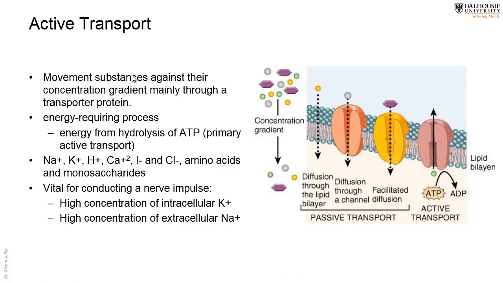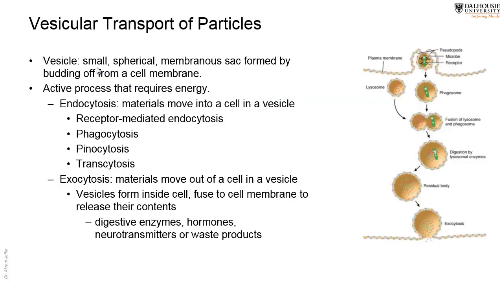So there will be influx of potassium and outflux of sodium. This requires energy. It is against the concentration gradient, so it is active transport, and at that moment the nerve will conduct what we call an action potential. We're going to talk about this when we deal with the nervous tissue and the nervous system.